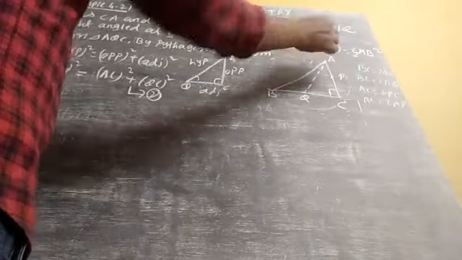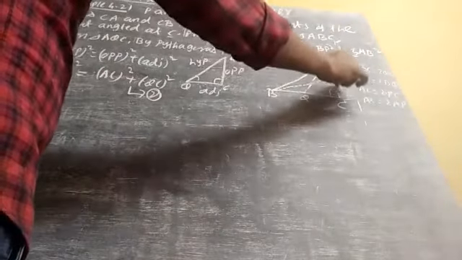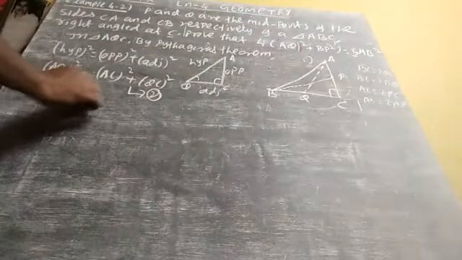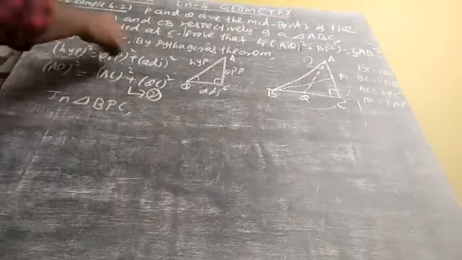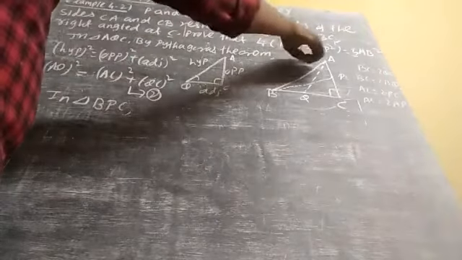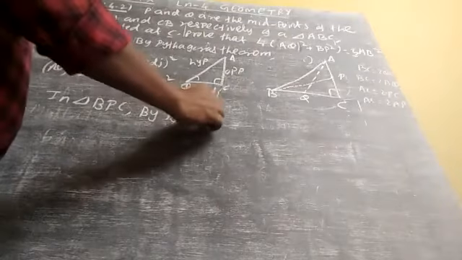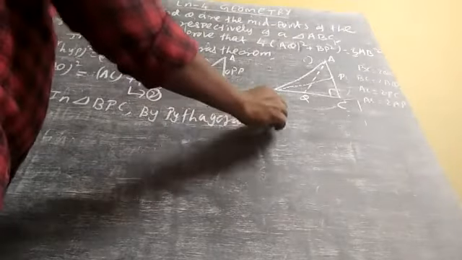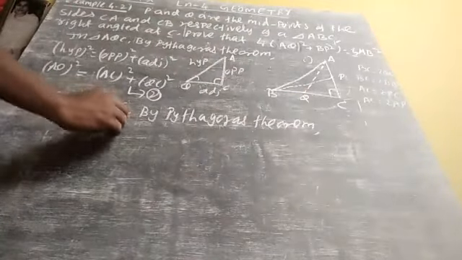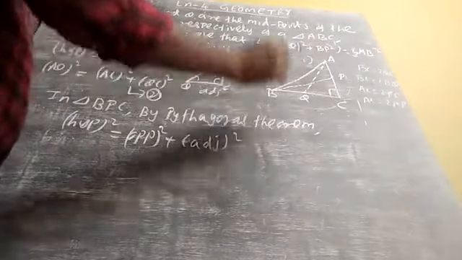Next, BP is there. BP means here. For this, I take triangle BPC. C is the right angle. In triangle BPC, by Pythagoras theorem, hypotenuse square equal to opposite square plus adjacent square.